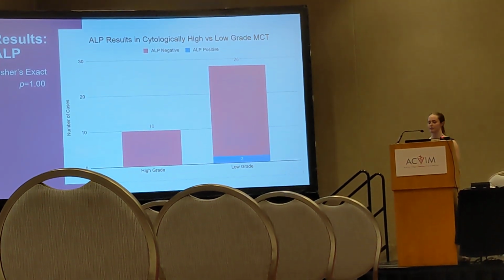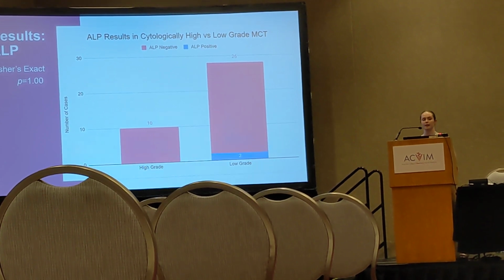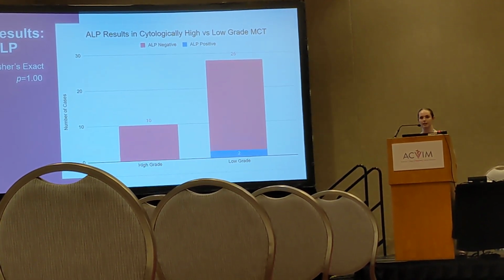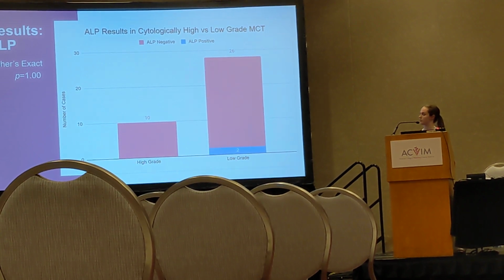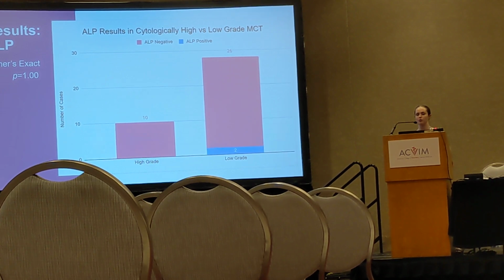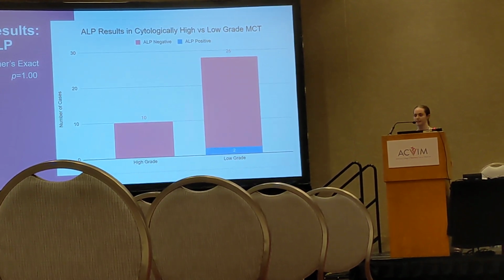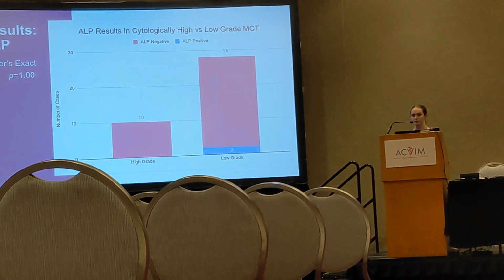So the ALP results, again, alkaline phosphatase reactivity. The majority of the canine mast cell tumors demonstrated a negative result as far as ALP reactivity, which is demonstrated by the pink in this graph here. However, there were 2 cytologically low-grade cases that did demonstrate ALP positivity, which is quite interesting.